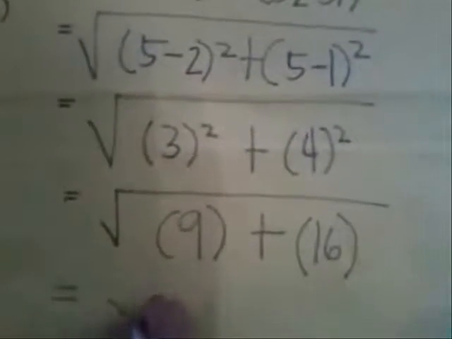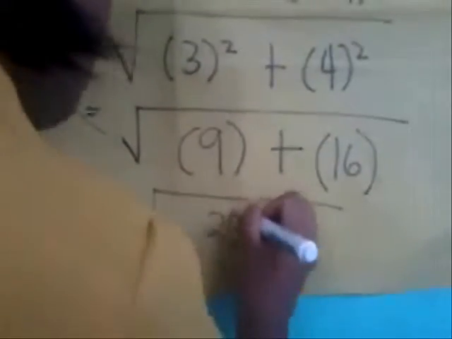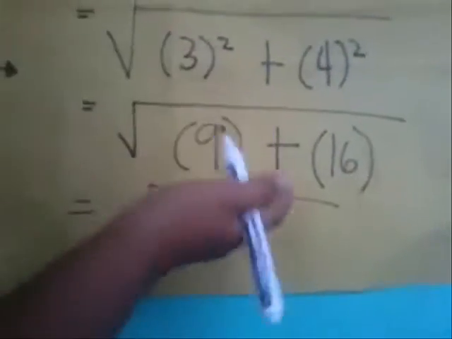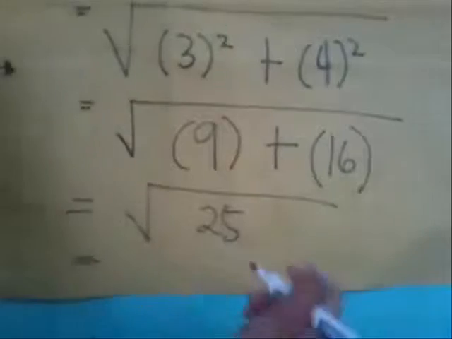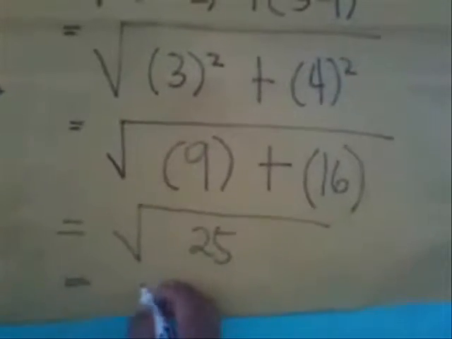So the square root of 9 plus 16 is 25. Since 25 is a perfect square, the square root of 25 is 5. So the distance between these 2 points is 5.